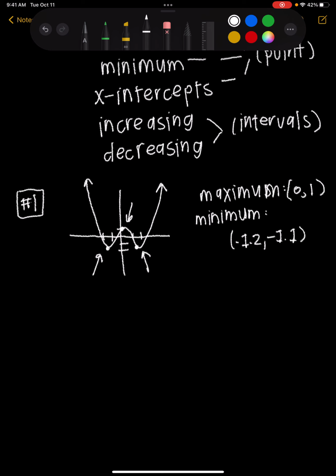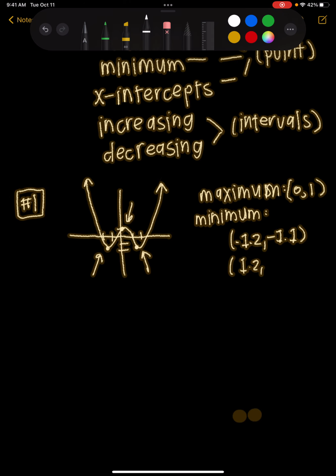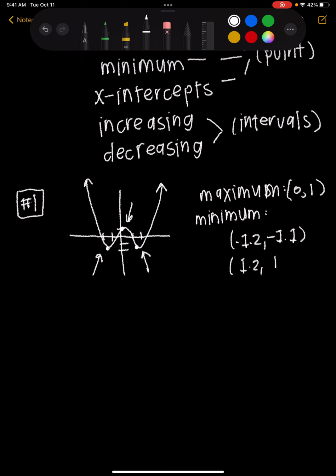And then the right minimum, because they're both low enough that they're considered minimums, would be positive 1.2, negative 1.1. So all I did was change the sign on the x value.